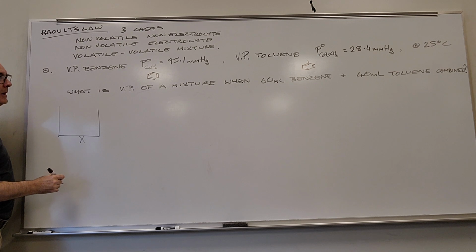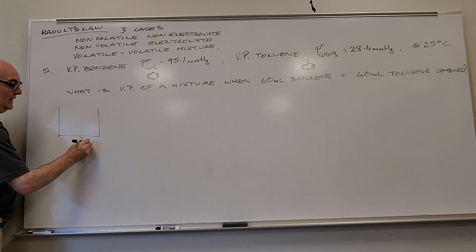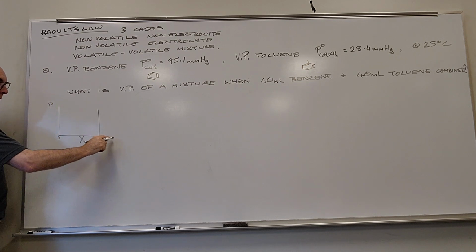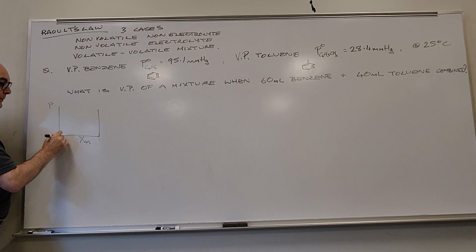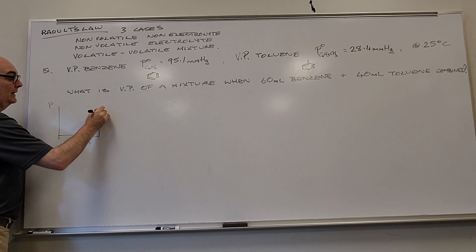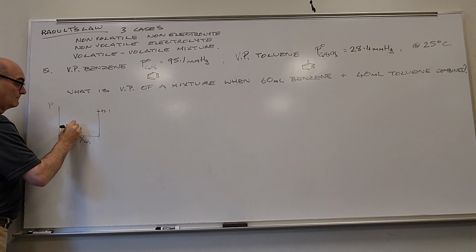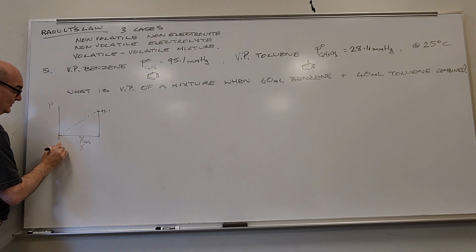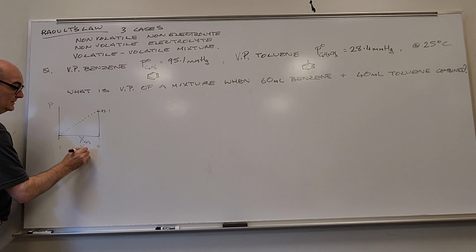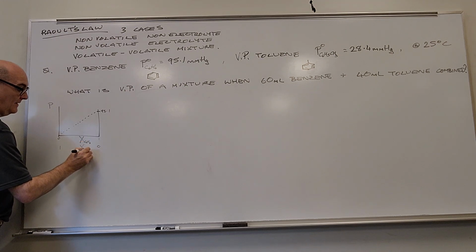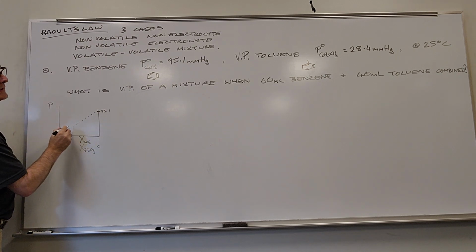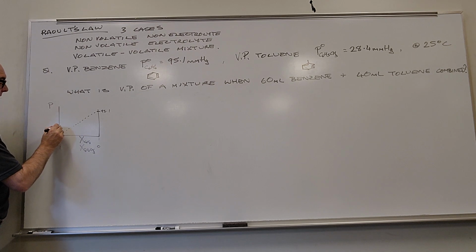I have a mole fraction of C6H6. When I have no benzene, I have no vapor pressure, so pressure is up here, and amount. When I have pure benzene, I get 95.1. So there you go. It should be somewhere on that trend line. And then I'm going to plot that against C6H5CH3, that goes from 0 to 1 the other way, but is only down here at 28.